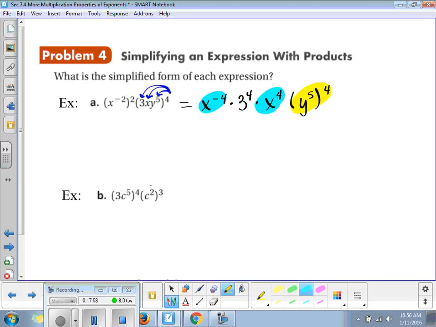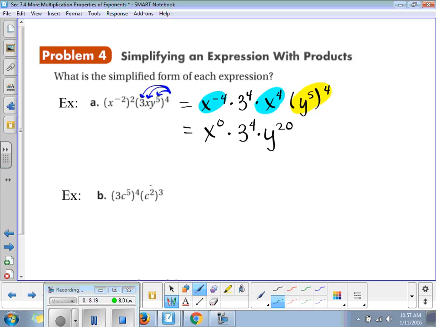You add them. Very good. So, here we've got x to the negative 4 plus 4. That's going to be x to the 0. Then we have times 3 to the 4th. And then over here, y to the 5 times 4 is going to be y to the 20th.